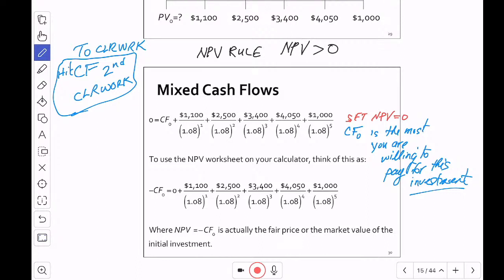So making it 0 is not going to give you a return. It's just going to be break even, which is fine. We're trying to figure out the value of an investment. So it just gives us the threshold, the most we're willing to pay. If we get an offer to pay less than that, we're going to take it, you see. So we call that the fair price.